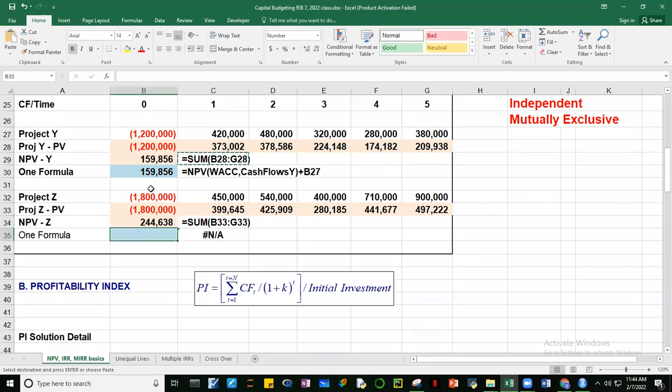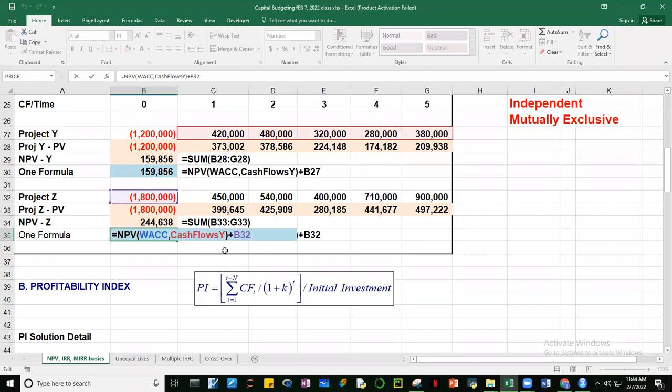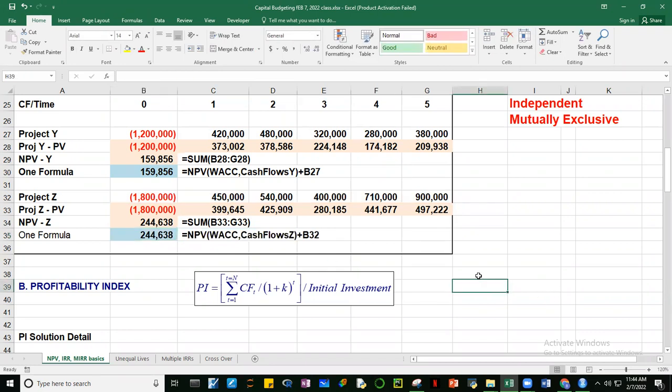And this is equal to, pwede rin copy to. Oops, mali. Cash flow Z dapat to. Okay, so let me pause for a while, guys, and allow you to catch up and do the formula.